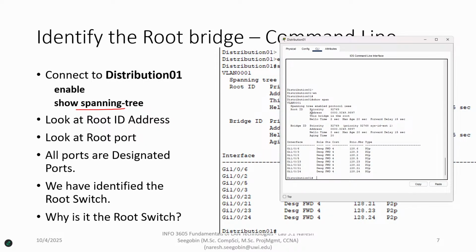You look at the root ID, address 00, 997, great. And look at the bridge ID 000C.499897. Okay, so the priority is the same, the address is the same. So this is supposed to be the root bridge, right?